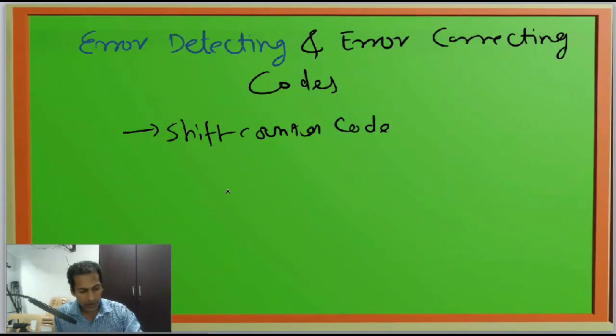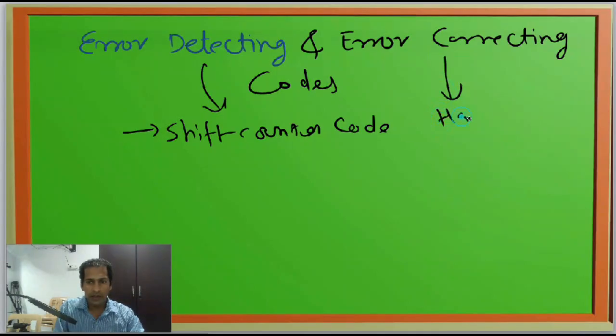Codes which allow error detection as well as error correction are called error correcting codes. The example is Hamming code. Hamming code is an error correcting code.